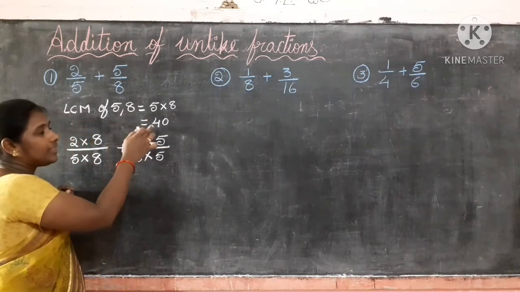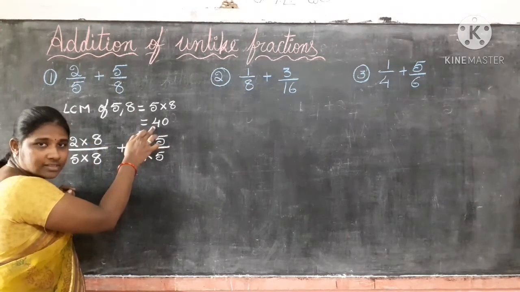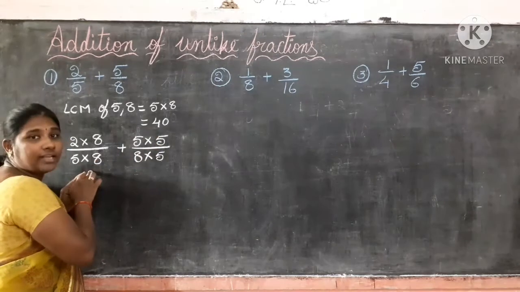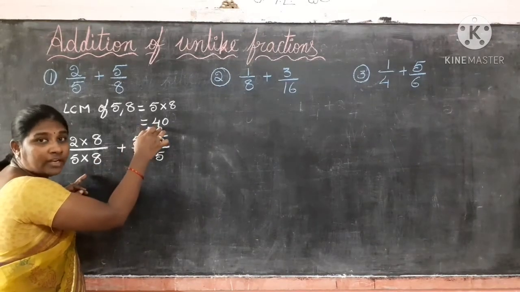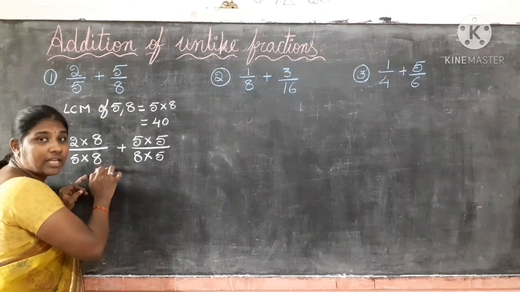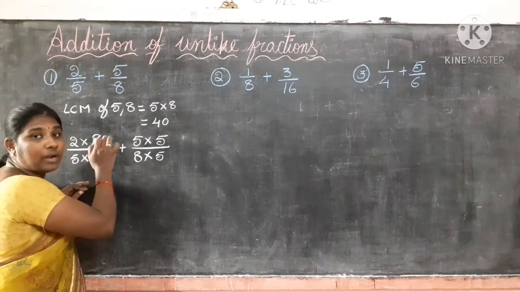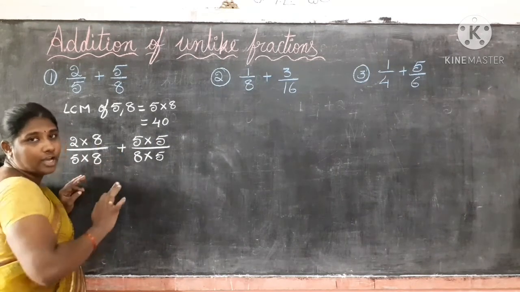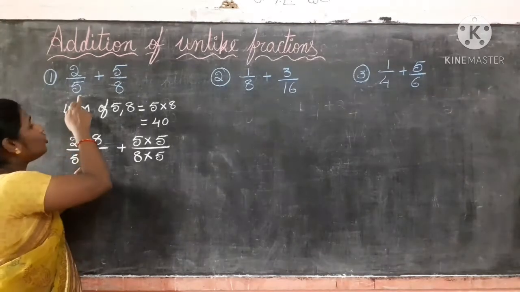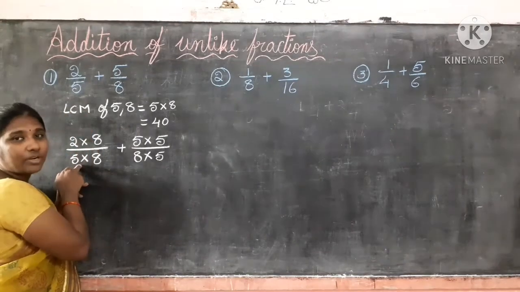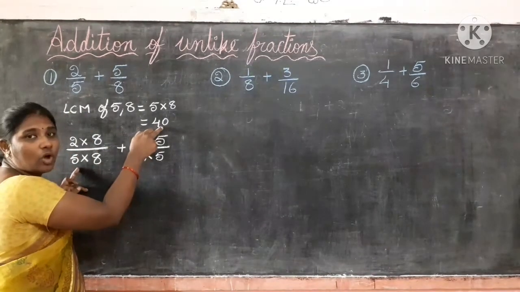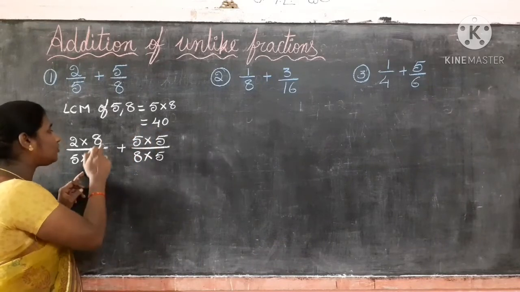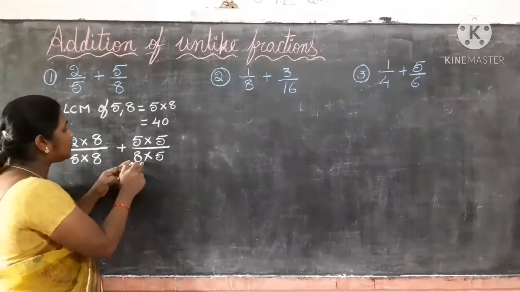First we have to find the LCM of the denominators. In the denominator's table, that LCM comes how many times? With that number we have to multiply both the numerator and denominator. Here the first fraction is 2 by 5. So 5 is the denominator here. This 5 times, this 40 LCM, how many times? 8 times. So we multiply both with 8. Next fraction 5 by 8.